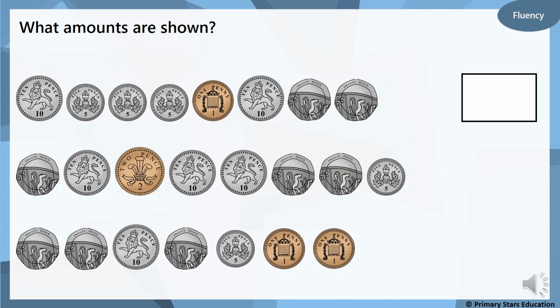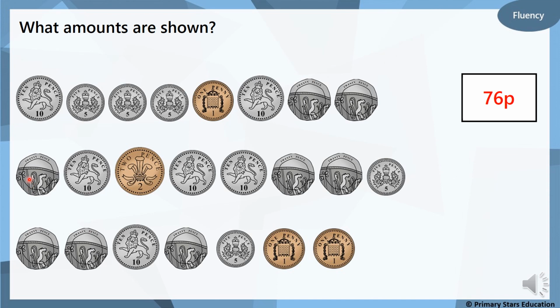Okay, here's again. Let's have a look at what amounts are shown here. Should have 76. Let's go to the next ones.